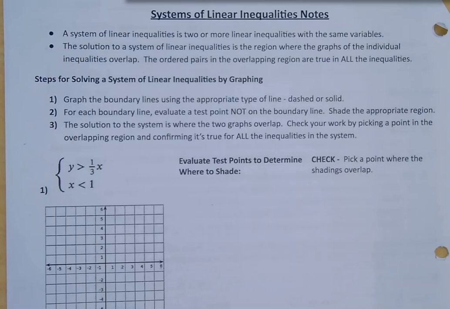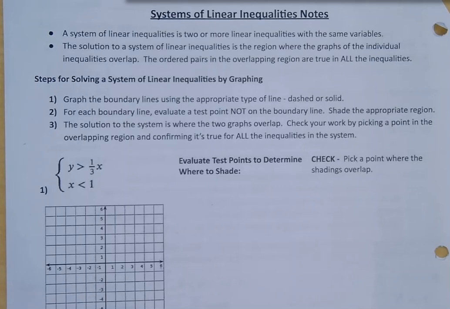When we worked with a system of equations, we would have two lines intersecting if we had one point. When we have systems of linear inequalities, we're going to have two shaded areas on our coordinate plane, and where those overlap, the overlap section is going to be the solution set to that system of linear inequalities.